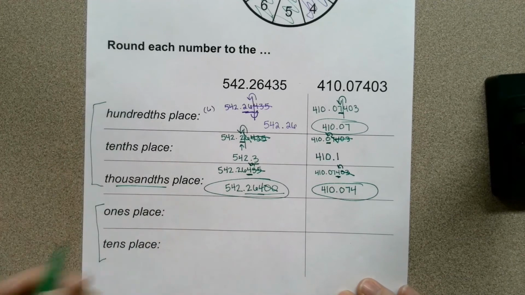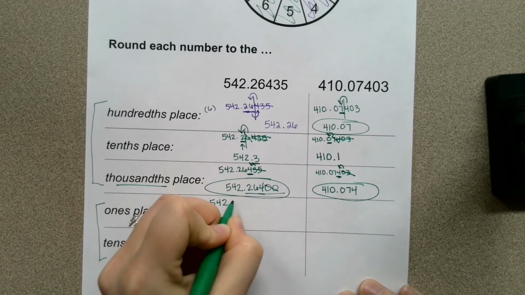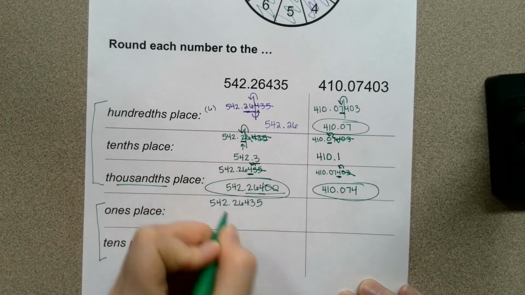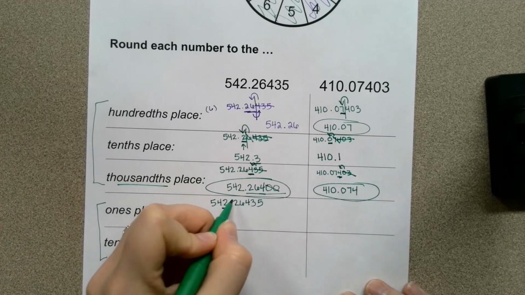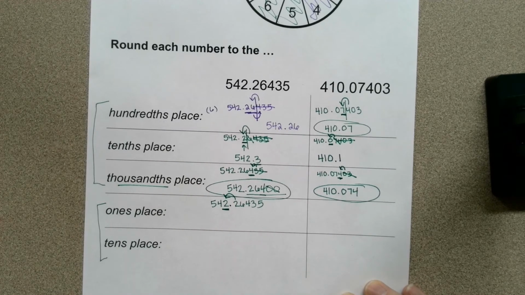So let's show that up here in the ones place. Again, we're starting with that decimal written completely out. The ones place is this 2. So again, just like before, we look to the digit to the right, and that 2 is going to determine what we do.